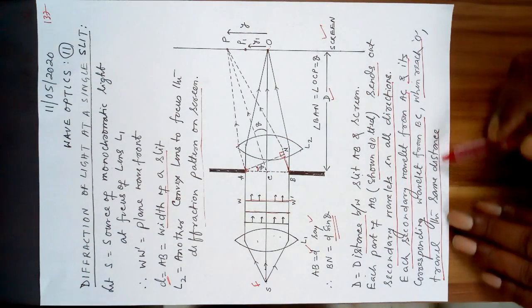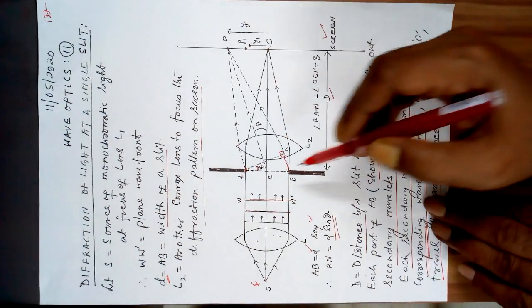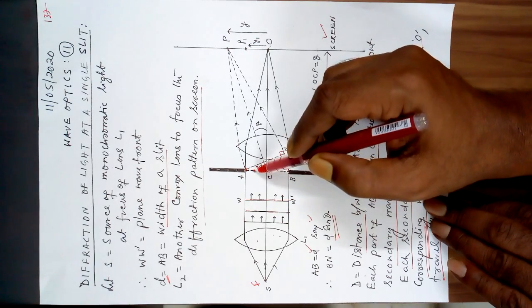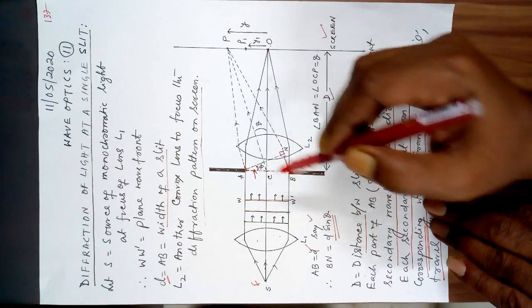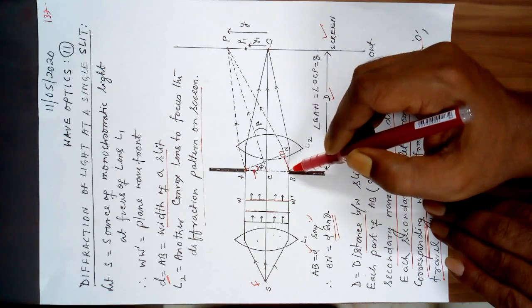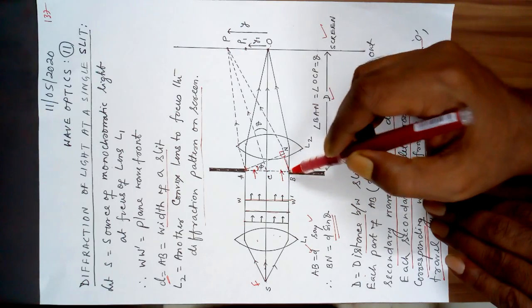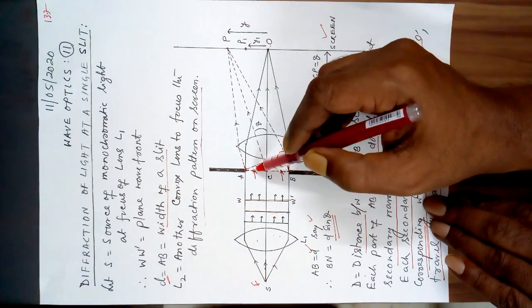When I say corresponding, what do I mean by this? This point in AC has a corresponding point in BC as this. This distance is the same as this distance.